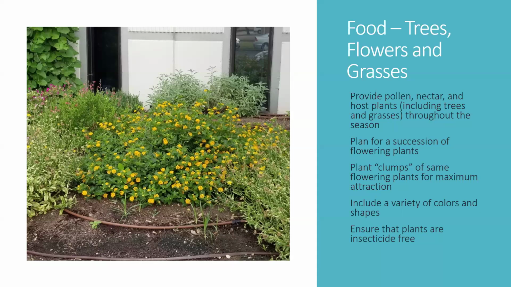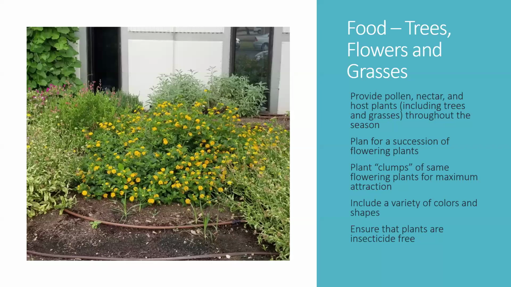We want spring through fall providing that nectar. So plan your plantings so you have a succession of flowering plants, making sure that you have that early stuff, you have that stuff in the heat of the summer, which can be kind of tough here in Texas, and then you have those fall bloomers as well.